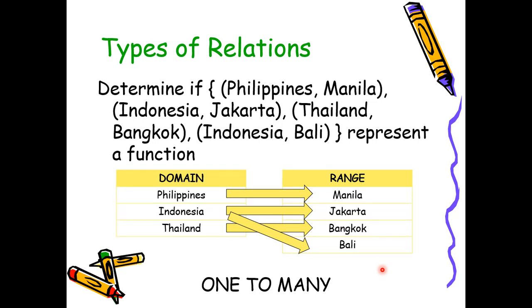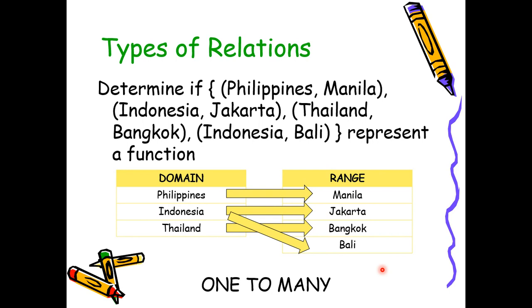But on this scenario, hindi lang isa yung element niya sa range, kundi dalawa. So therefore, one-to-many is not a function. Okay? So hindi natin masasabing function ito dahil dalawa po yung range na corresponding dun sa iisang domain lang. Okay? So ganun po siya.